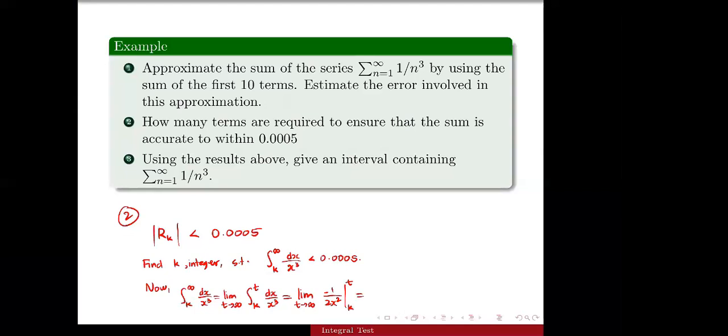Just write the steps in here, and you will get finally 1 over 2k squared. So you want this to be less than 0.0005. Following?